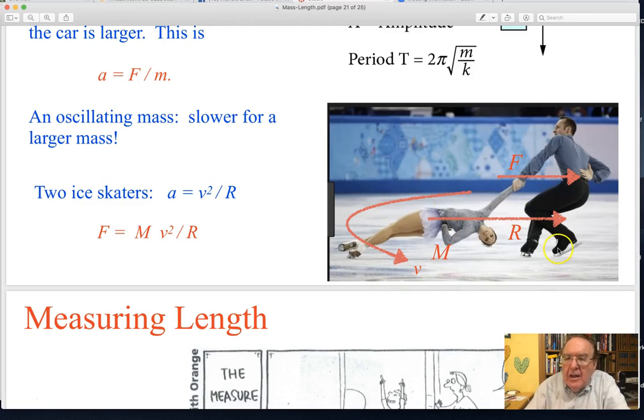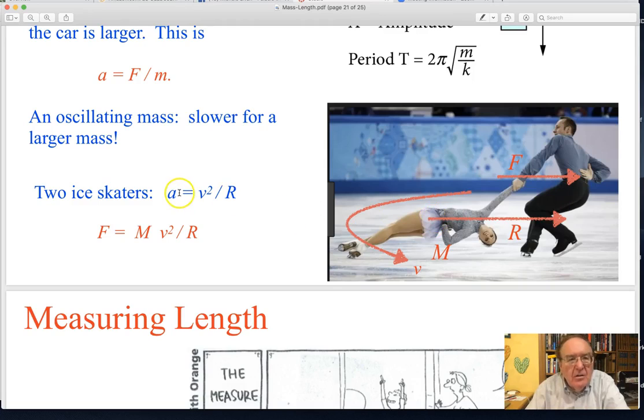So she's spinning around an axis, and the axis is defined by her ice skate pegged into the ice. And her arm is applying a force that keeps her moving in a circle. So the two arms locked together here are supplying a force towards the center. So now you see you've measured the velocity and the force, and the acceleration of the mass m is the velocity squared over the radius from the pivot point to the center of mass of the ice skater.